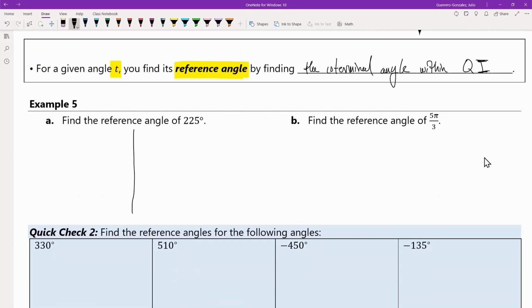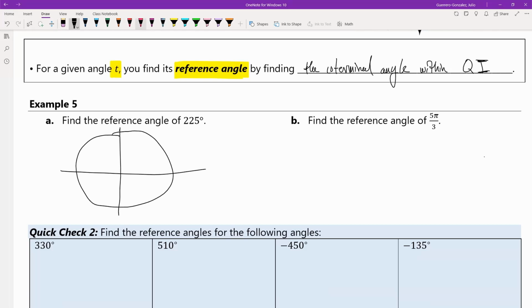Reference angle of 225 degrees. Here's our unit circle, or unit oval. 225 degrees: we know it starts here on this ray, and it goes all the way around to right here. This angle measurement from here all the way around, that is 225 degrees.